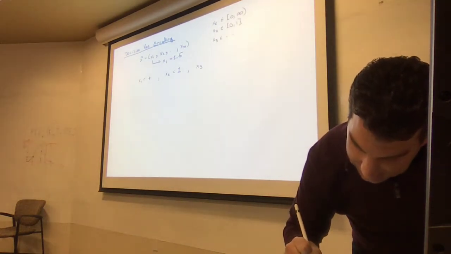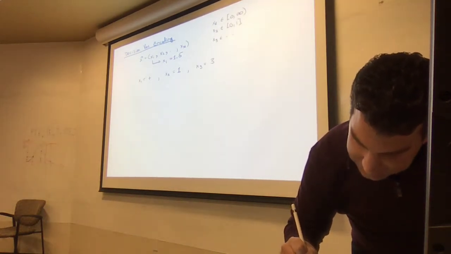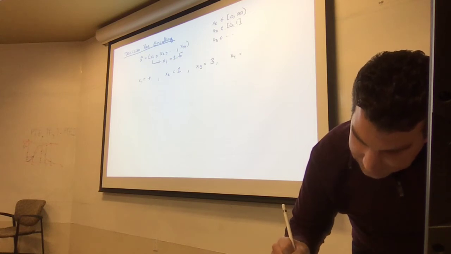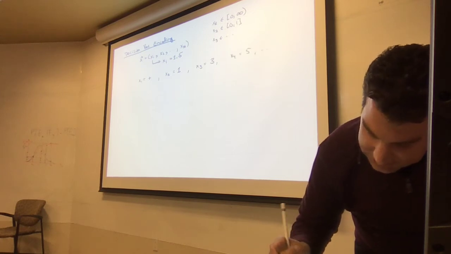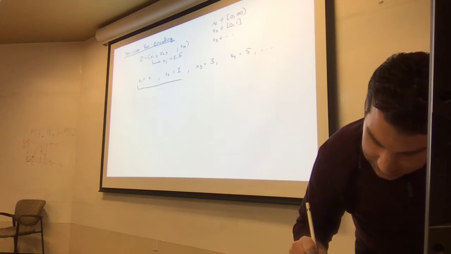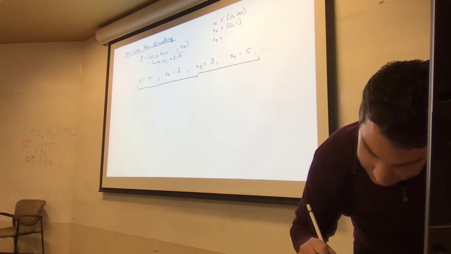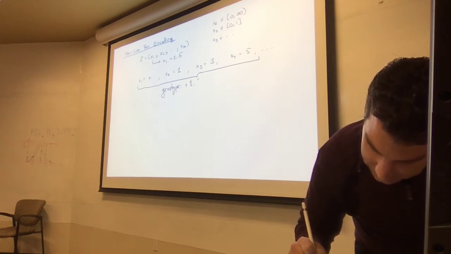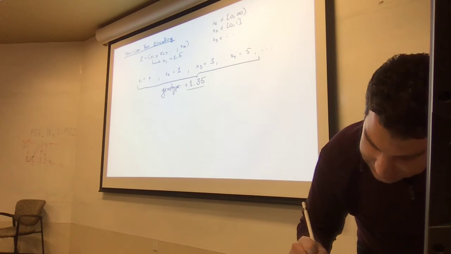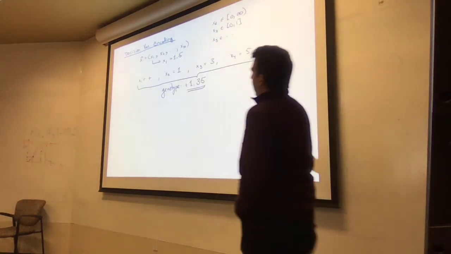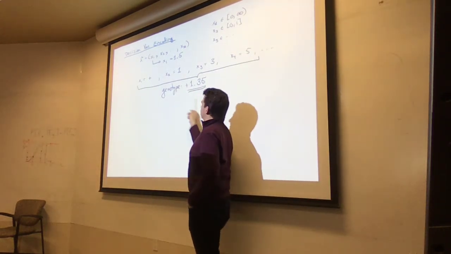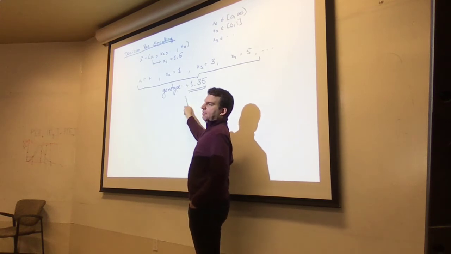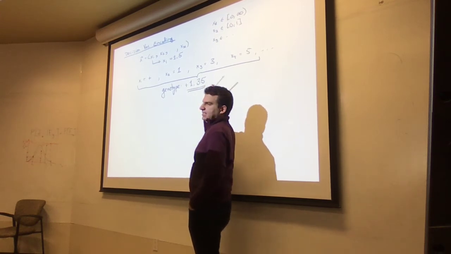X3 is equal to any number between 0 and 9. X4, any number between 0 and 9. So that my genotype here would be equal to, say, that.